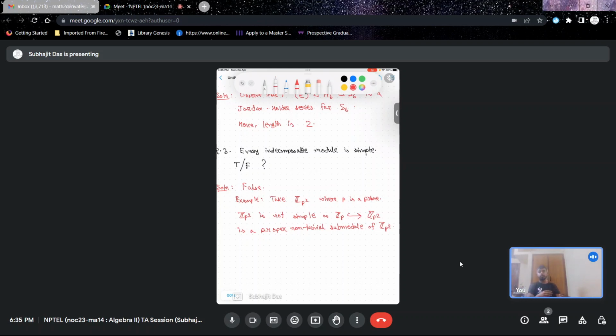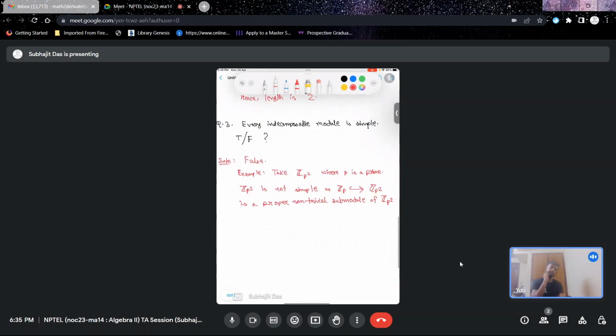So this is okay, it's not simple, there's no doubt about it, but what would be the case? Is it indecomposable or not? So is Zp square indecomposable or not? We claim that it is indecomposable.